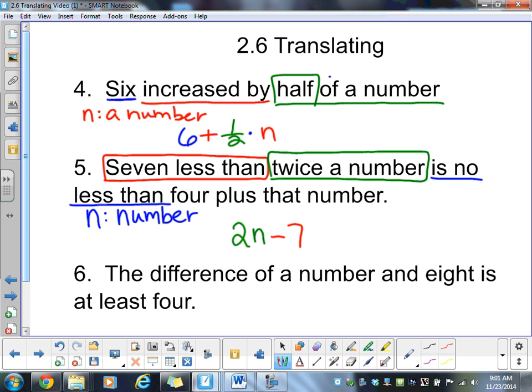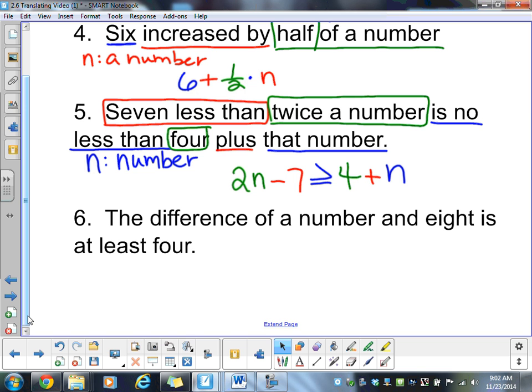"Is no less than" means it's not less than. So that means it can be greater than or it can be equal to. So if it's not less than, it's greater than or equal to. And then we see 4. And the next one is pretty obvious, plus. And then that number is the one we defined earlier as n. So 2n minus 7 is greater than or equal to 4 plus n.